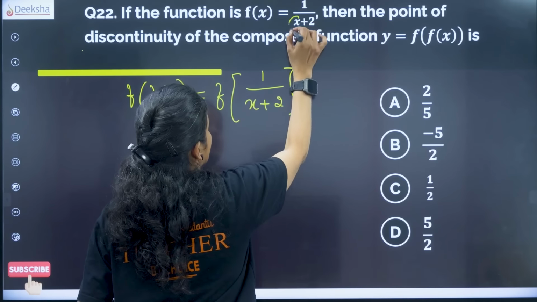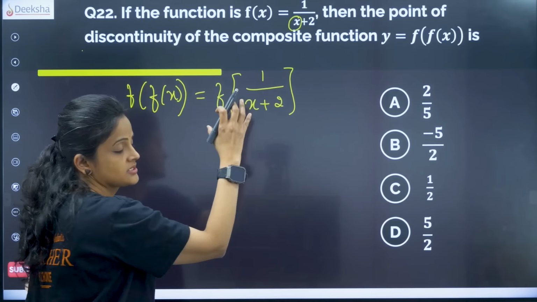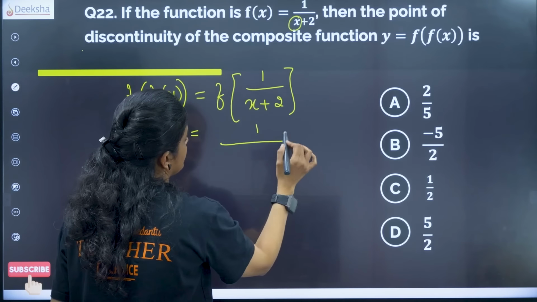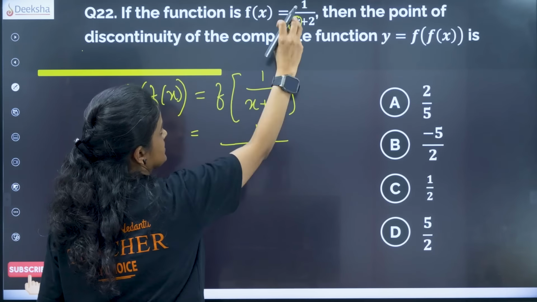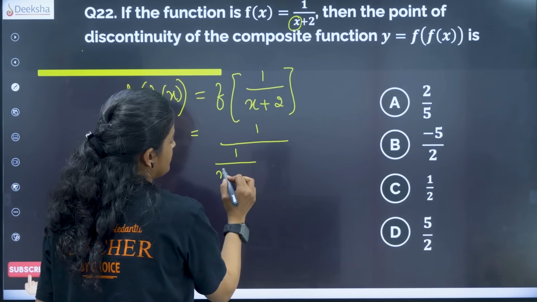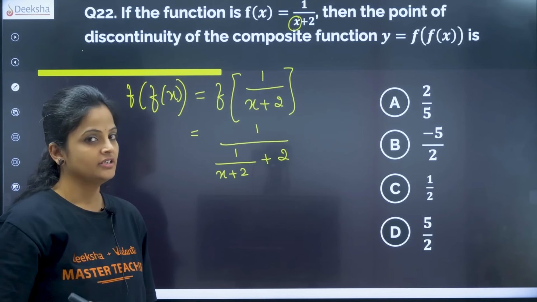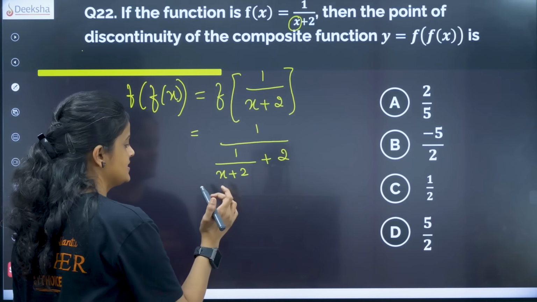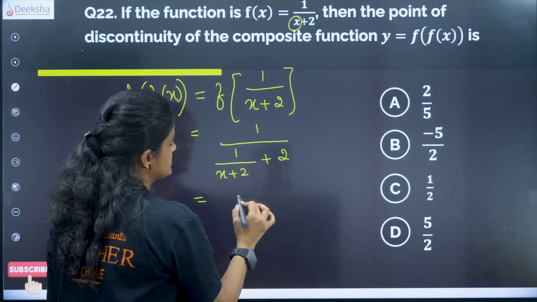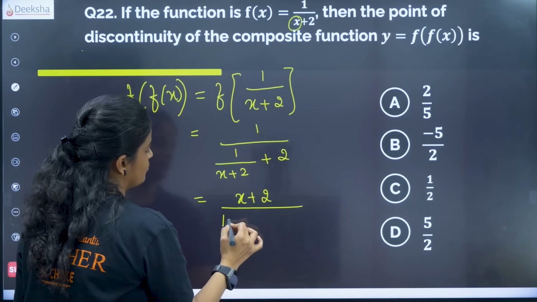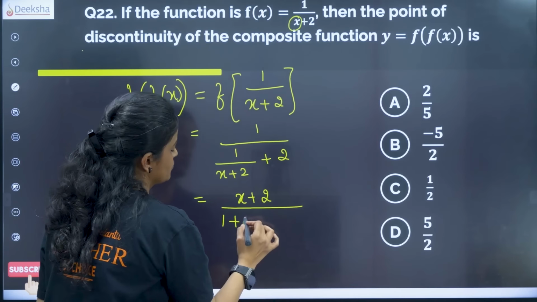In the place of x, I have to replace this. So 1 divided by, replace x by this value, 1 divided by x plus 2, plus 2. That's all. Need to simplify this, taking LCM. On taking LCM, x plus 2 will be in the numerator. Here I have 1 plus 2x plus 4.